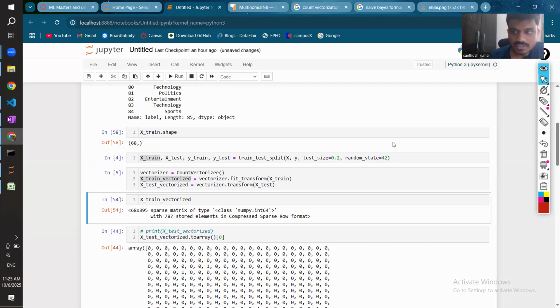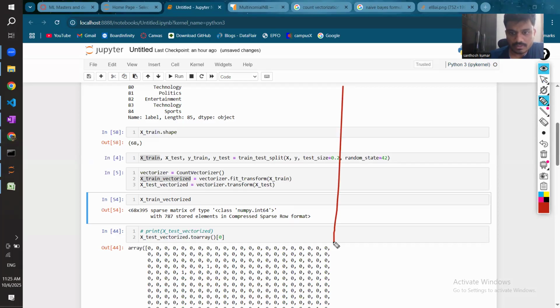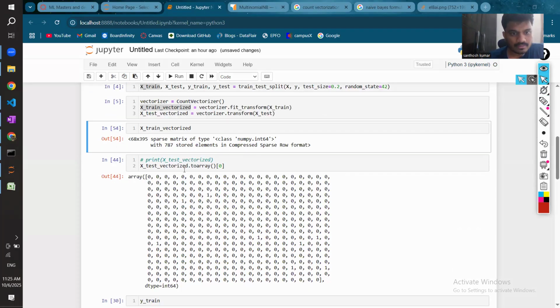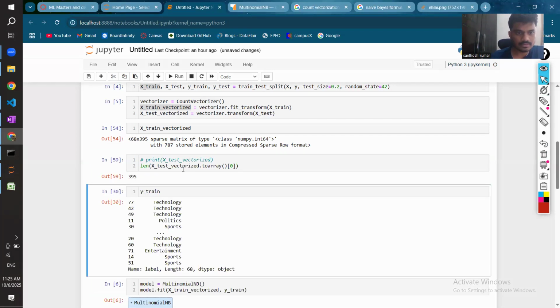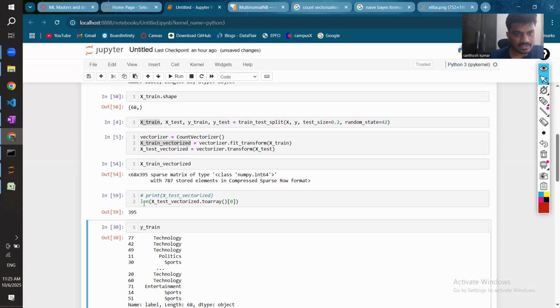So 68 rows, and each row has 395 features, and the non-zero entries are 787.